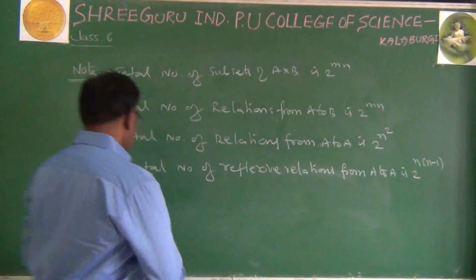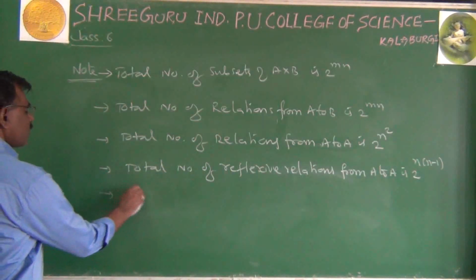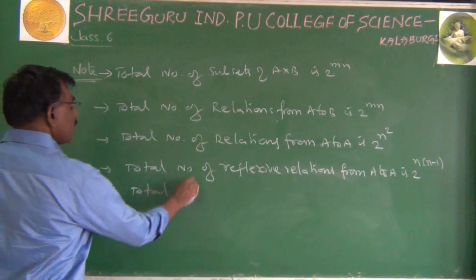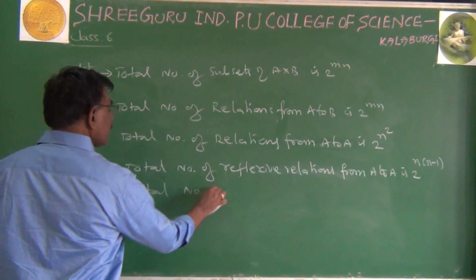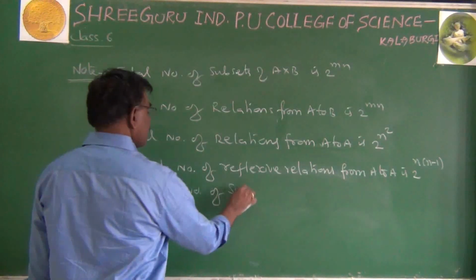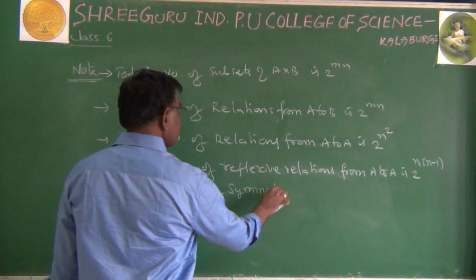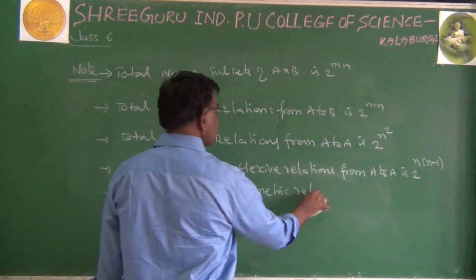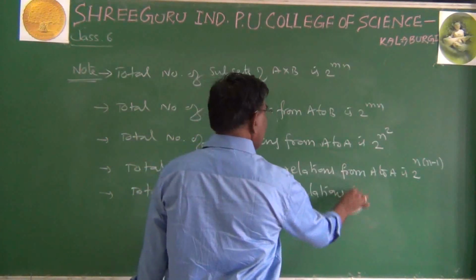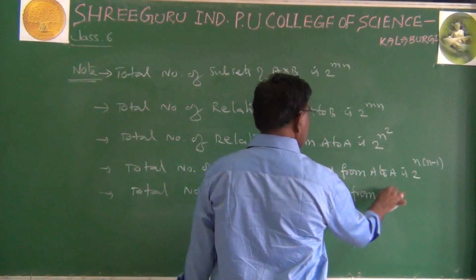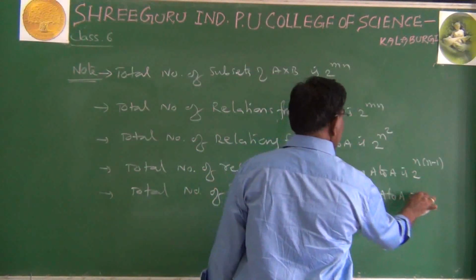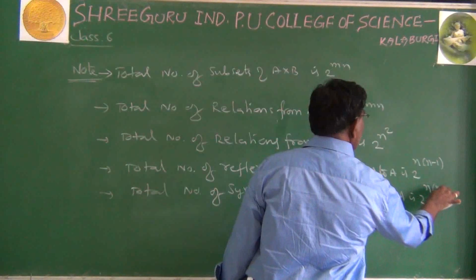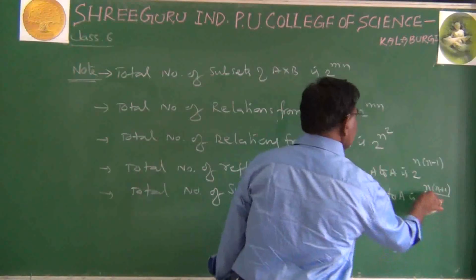Okay. One more: the total number of symmetric relations from A to A is 2 to the power n into n plus 1 by 2.